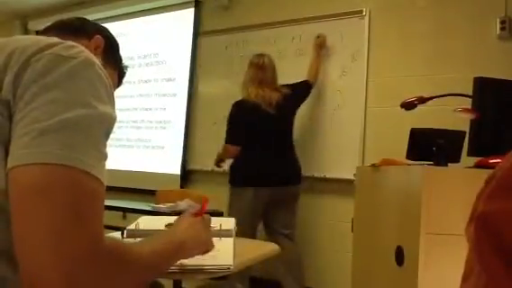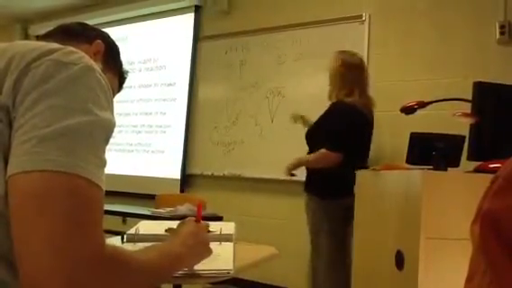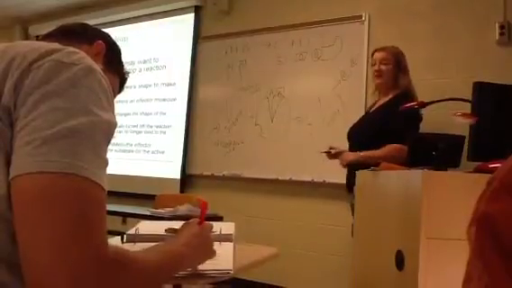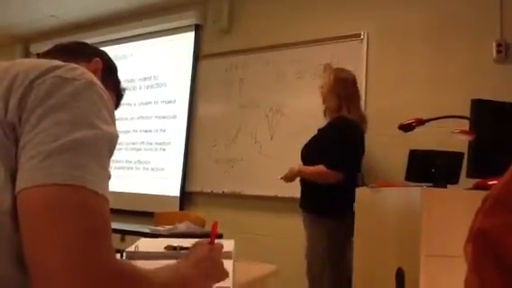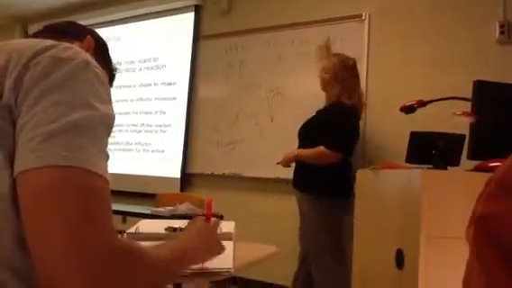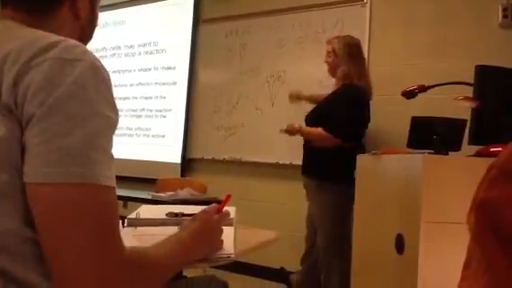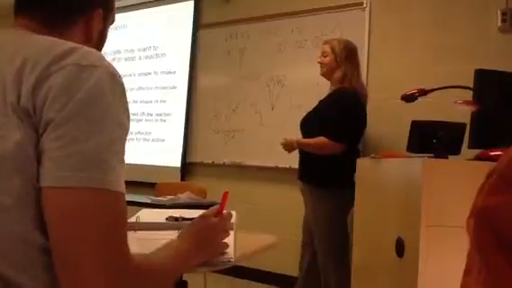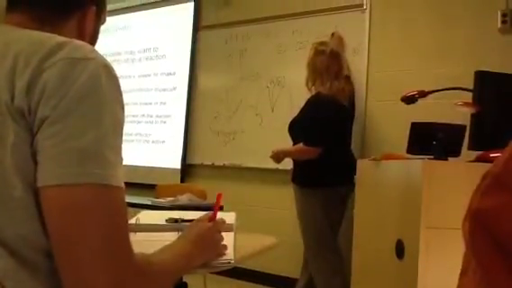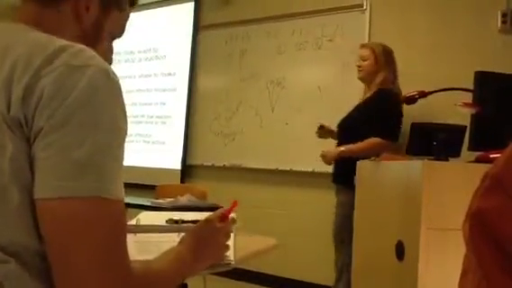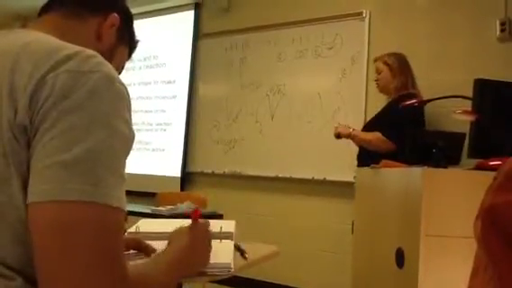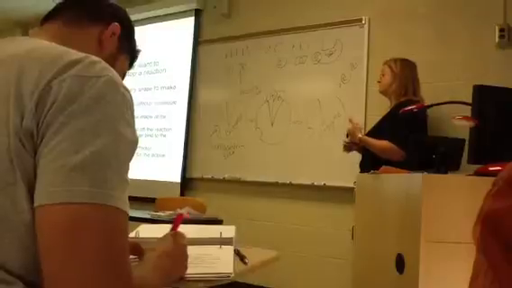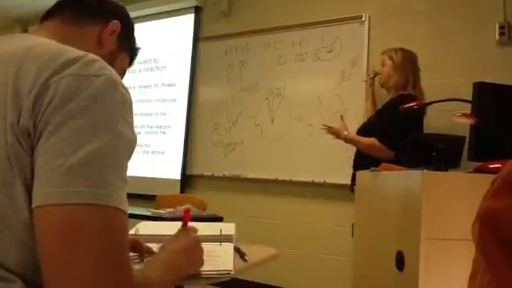What that will do is change the shape of the active site. So when the effector molecule is attached, the active site has changed shape. Will A and B be able to fit into that active site now? No. So will the reaction happen? No. The enzyme is now effectively off. Attach the effector molecule to the allosteric site, that changes the shape of the active site, so the reaction in this case does not occur.